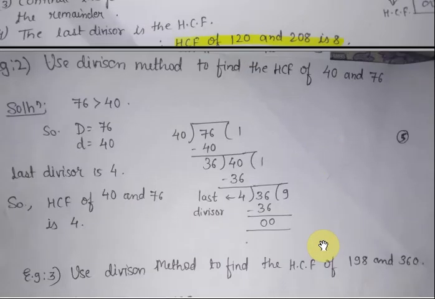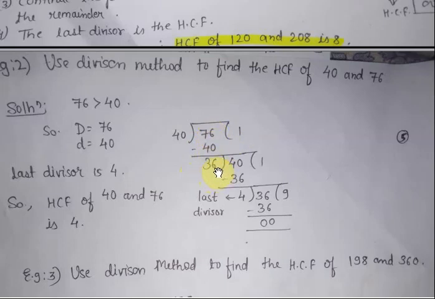Next example. Similarly, we have to find the HCF of 40 and 76. The bigger number is 76. It will act as a dividend, and 40 will act as a divisor. We subtract 40 one time. After subtracting 40 from 76, we get 36.